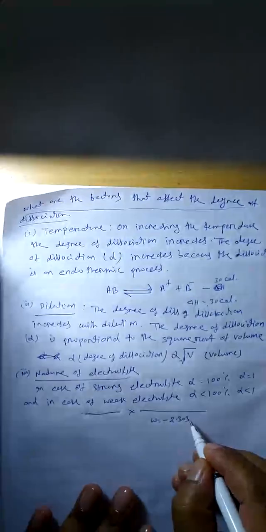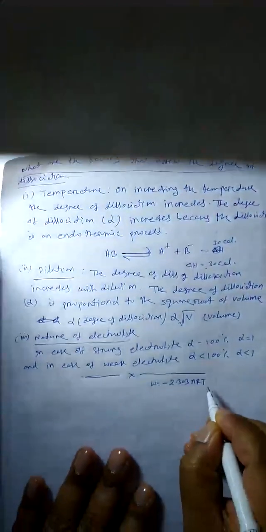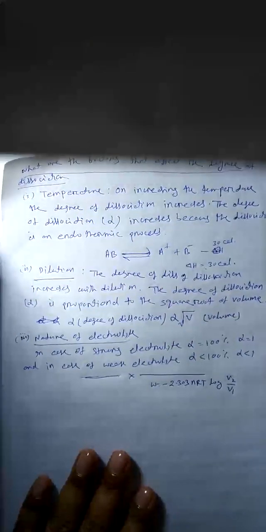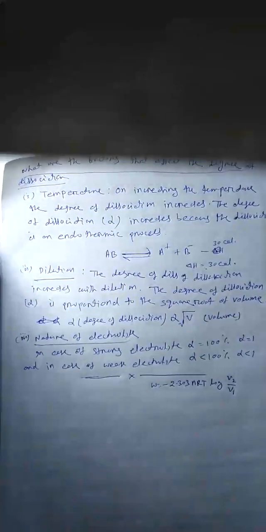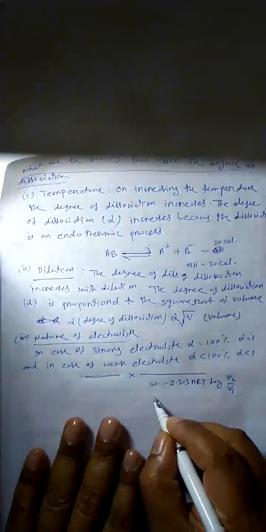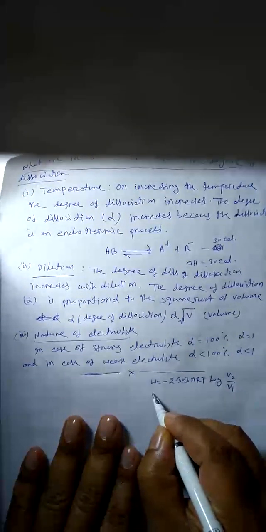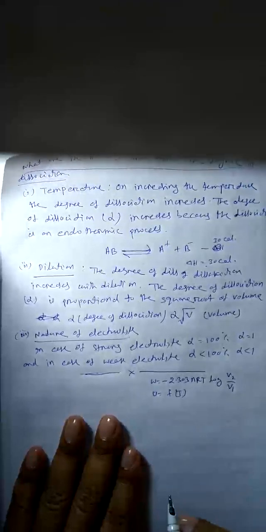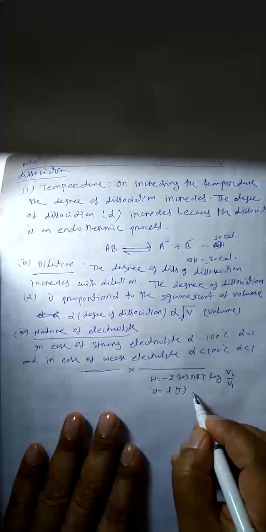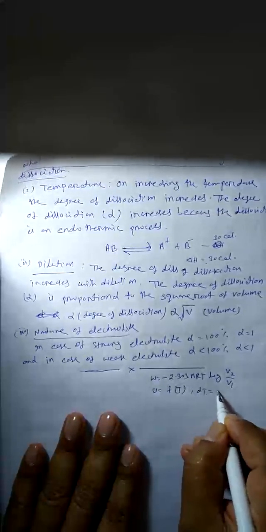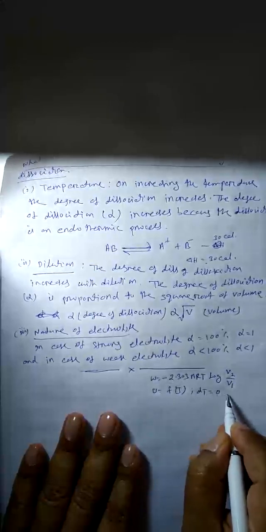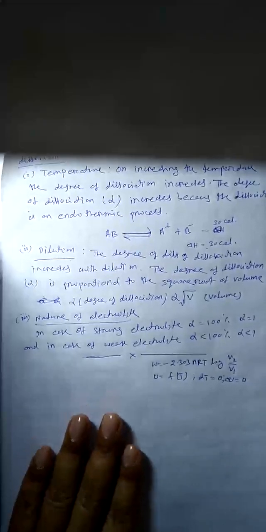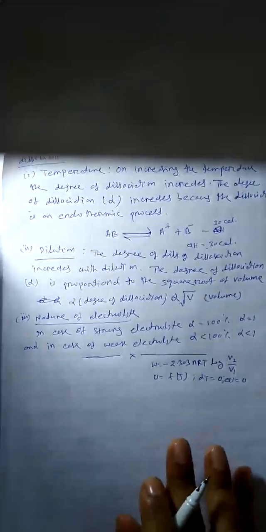Then we also know that the change in internal energy, as U is a function of temperature in case of an ideal gas only, so isothermal means dT is equal to 0. So at dT equal to 0, delta U is also equal to 0. These two things we derived in that video.